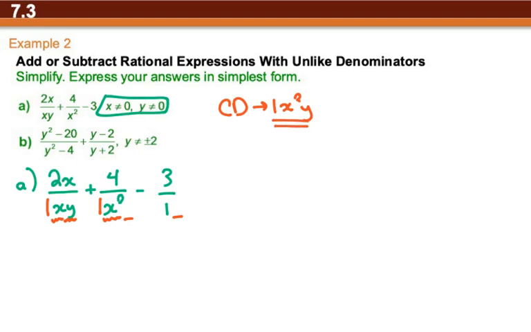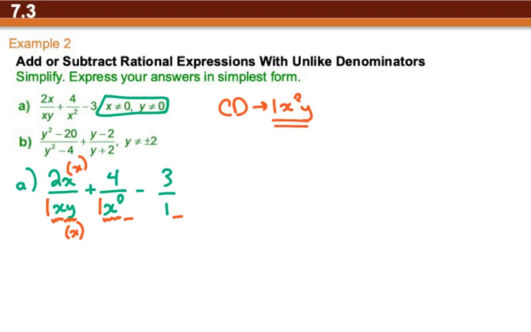We need to determine what to multiply each of these fractions by to create that. In this first one, our denominator is xy. We would need to multiply by x on the top and the bottom, as always with making a common denominator, to move that to x squared y.